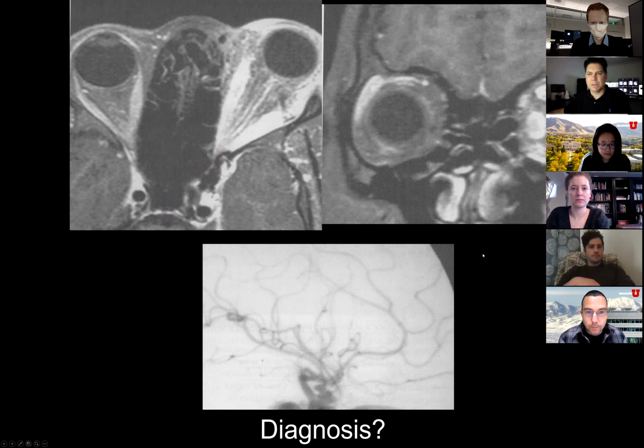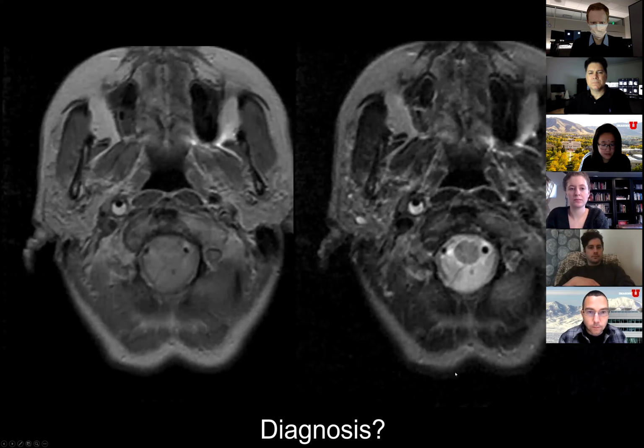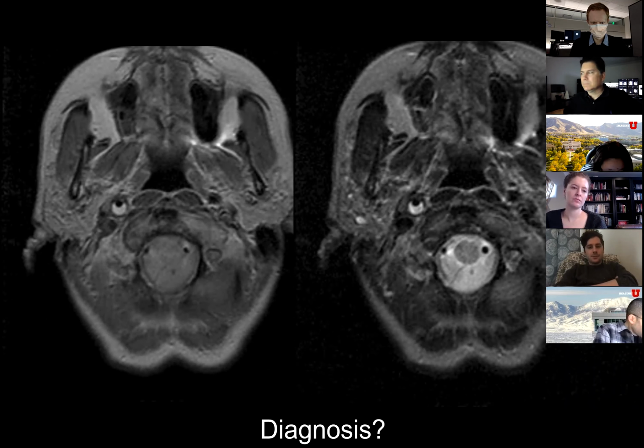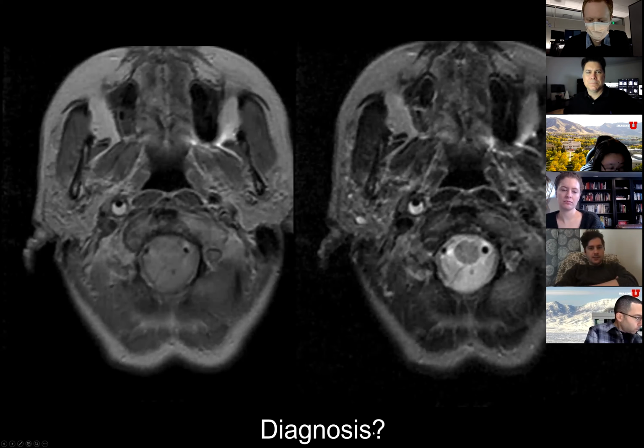I am. Okay. All right, we have 2 MRIs of the kind of medulla area or foramen magnum. One is T1 pre-contrast. The other is T1 post-contrast, I believe. Let's say it's a proton density and a T2.